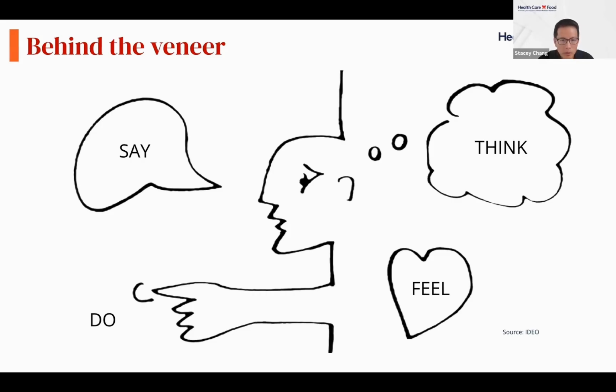You observe what people do, you can record what they say, but it's relatively hard to penetrate that individual human veneer of politeness and formality and to actually understand how they think and feel. In human-centered design research, we deploy psychological and sociological techniques to understand more what lies behind the veneer, so that we can understand how they think and how they feel, so that we can begin to understand the needs that people are unwilling to speak about or are even unaware of.